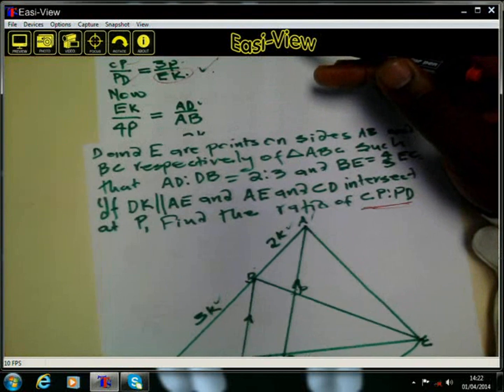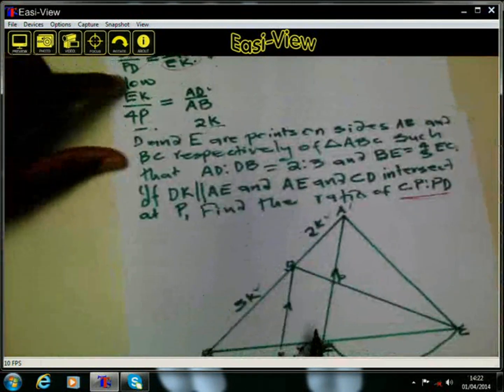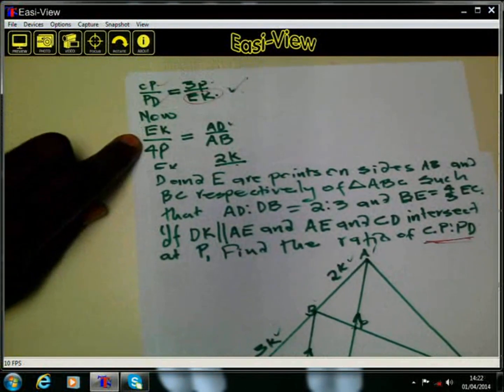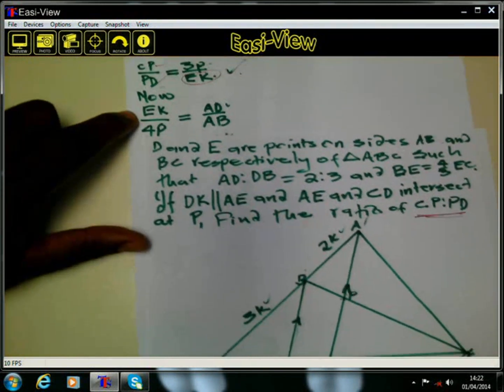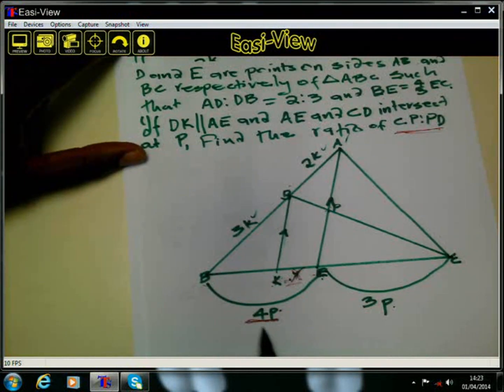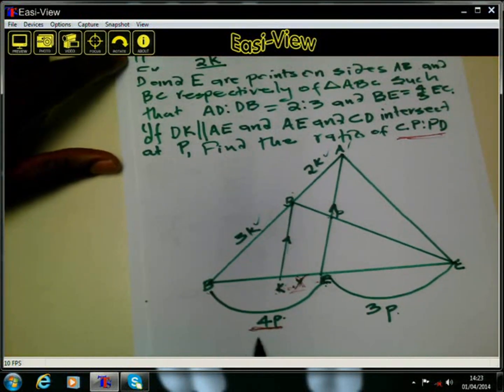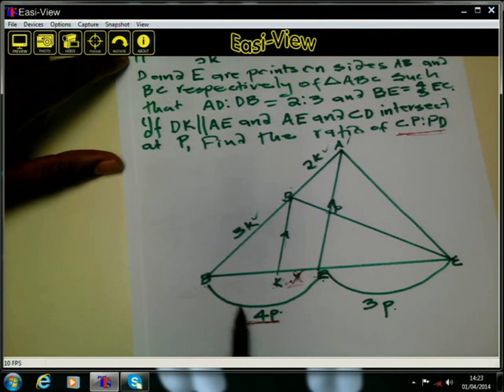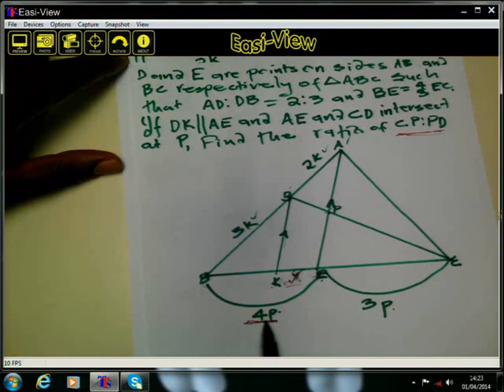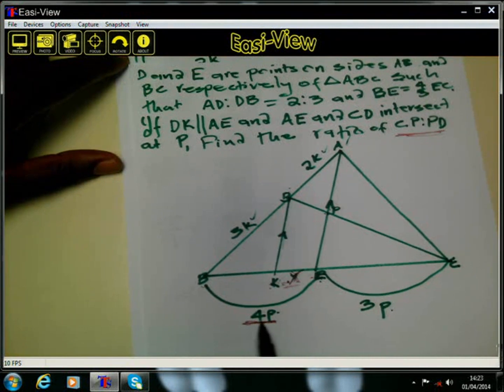So we are saying EK, the very same side, over EB, sorry, over BE, but fortunately we have the magnitude of BE as 4p. That's why we address EB as 4p, because that is what has already been given to us.